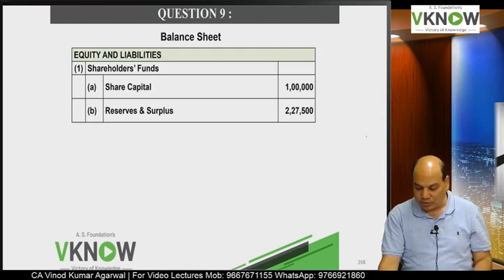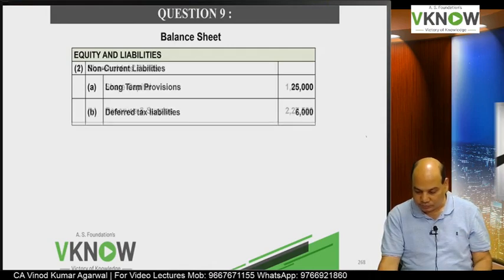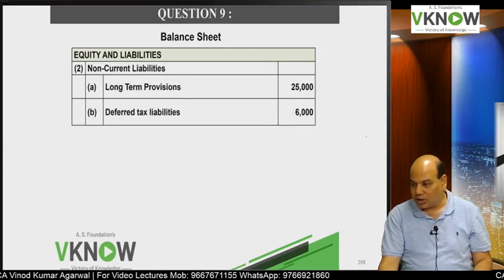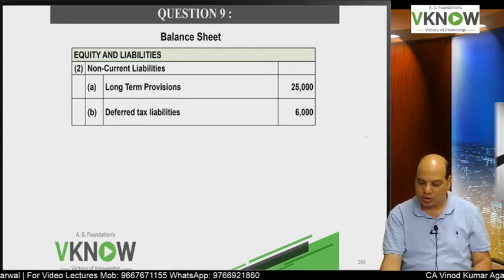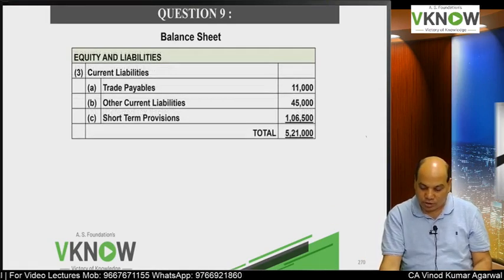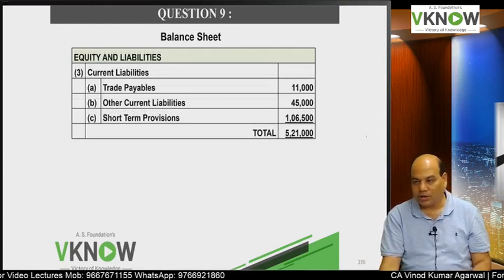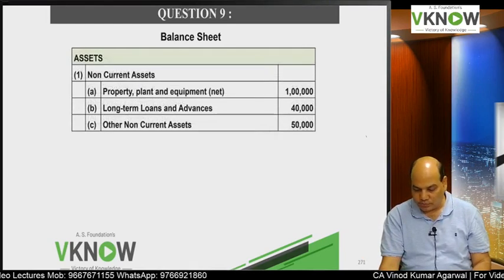Share capital, reserve and surplus, non-current liabilities, long-term provision, deferred tax liability. The same 6,000 which you have seen in the P&L account, they have shown in the balance sheet also. Current liabilities, trade payable, other current liabilities, short-term provision.